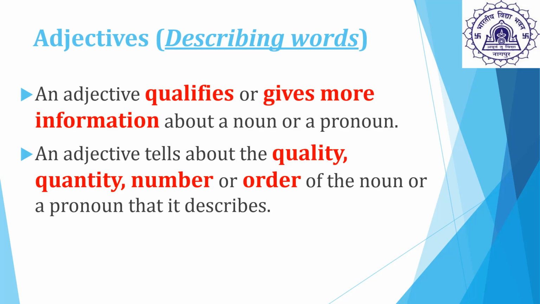We have different kinds of adjectives, like for example, the adjective of quality, quantity, number, degree, and also adjective of frequency. But when we are studying the degrees of comparison, we will consider only the adjective of quality.